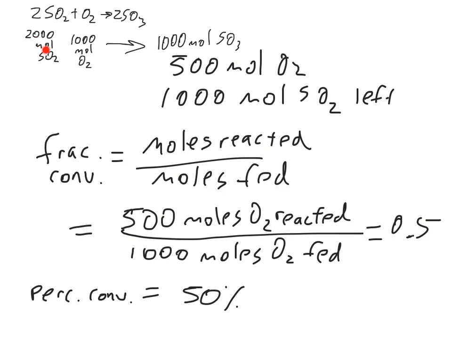If, for instance, there were 3,000 moles of SO2, that means O2 would be the limiting reactant and SO2 would be in excess, and then we could do the fractional conversion analysis based off of O2, or whatever species is the limiting reactant. We can do it for other reactions also. This is useful for helping us analyze what's coming out of a reactor after a reaction takes place, fractional conversion or percentage conversion, because not all of the reactants will fully convert to the products.